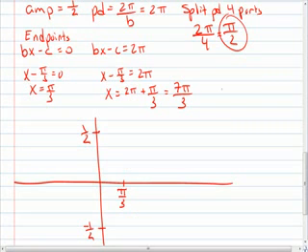Let's see. Should we write these? I have to turn those into sixths. 2 pi over 6 plus 3 pi over 6 is going to give us 5 pi over 6.